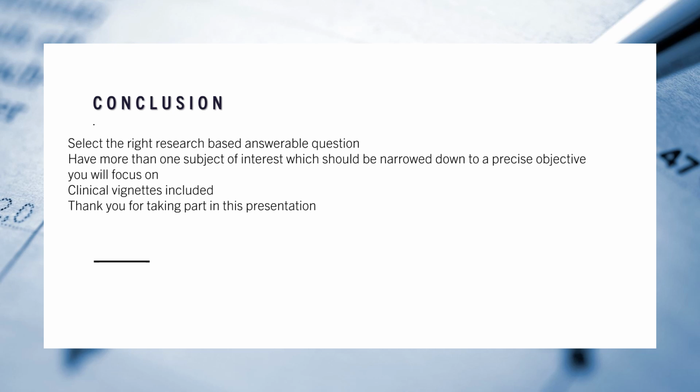Research questions should contain more than one subject of interest and must be narrowed down to a precise objective you will focus on. In this slideshow, I have provided an example by using borderline personality disorder and the subject of narcissism found in medical professionals. I also provided clinical vignettes for 2 cases with the answerable questions.